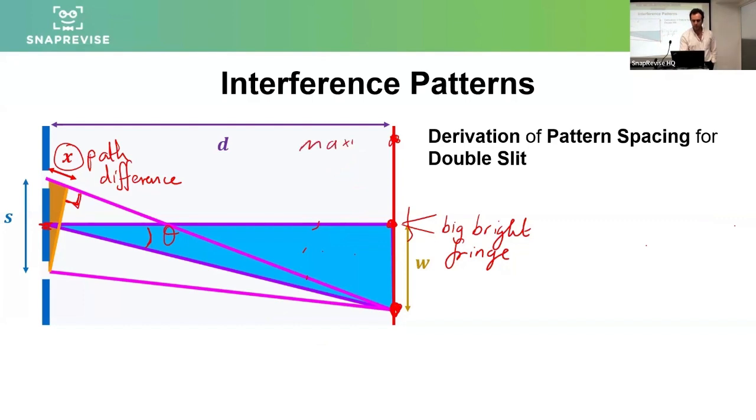Right, with that all in hand, then we've got our 4 defined lengths. We can say, look, there's similar triangles at play here because we've got our angle theta here.